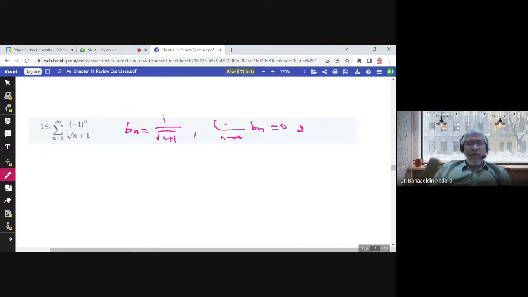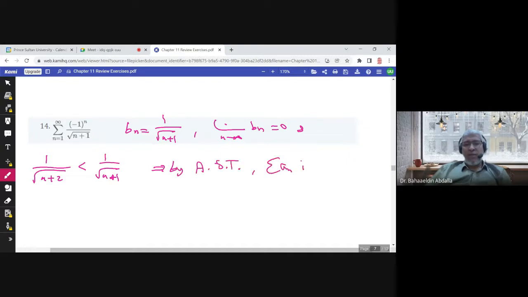And if I replace n by n plus 1, I'll have 1 over square root of n plus 2, which is in fact less than 1 over square root of n plus 1, because square root of n plus 2 is greater than square root of n plus 1. So these are the two conditions of the alternating series test. So by the alternating series test, summation an is convergent.